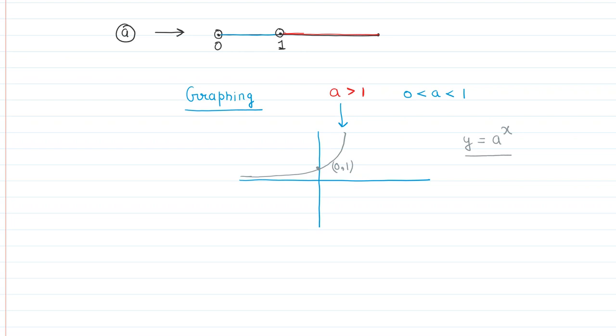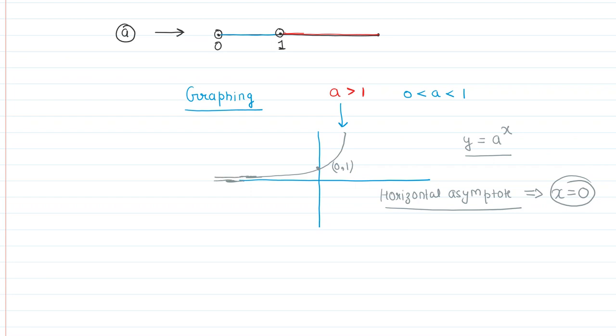And this is what we call the horizontal asymptote. The horizontal asymptote is y is equal to 0, because along this line it converges.